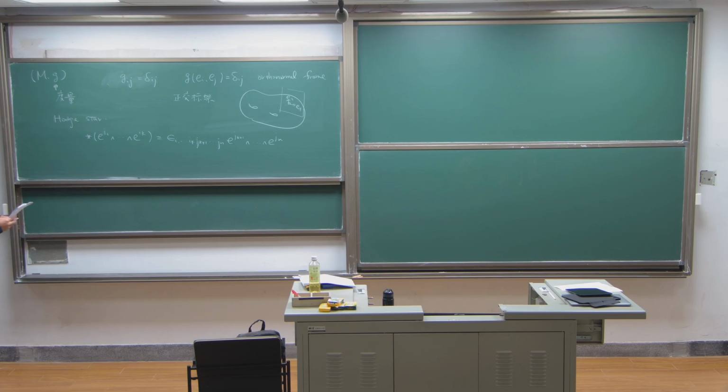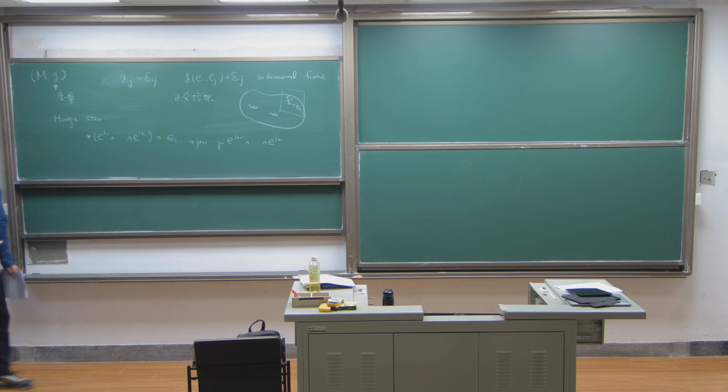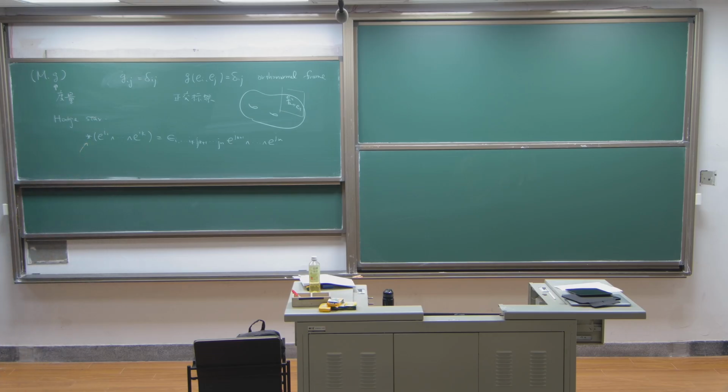如果我们有这个度量，我们可以定义这个 Hodge star。So on an ordinary manifold, if you don't have the metric, you cannot define Hodge star. Hodge star always you need to have a metric.